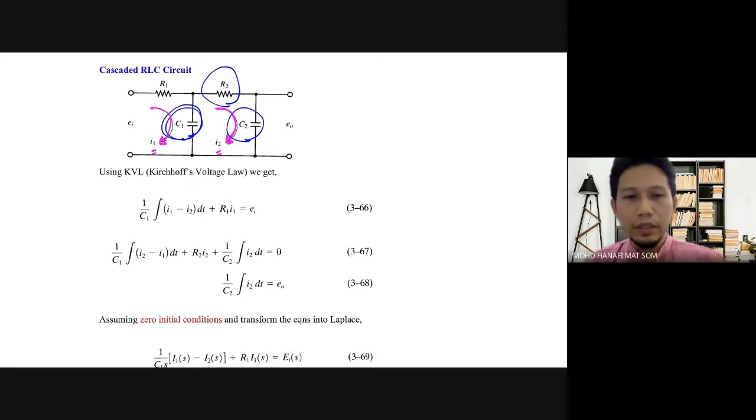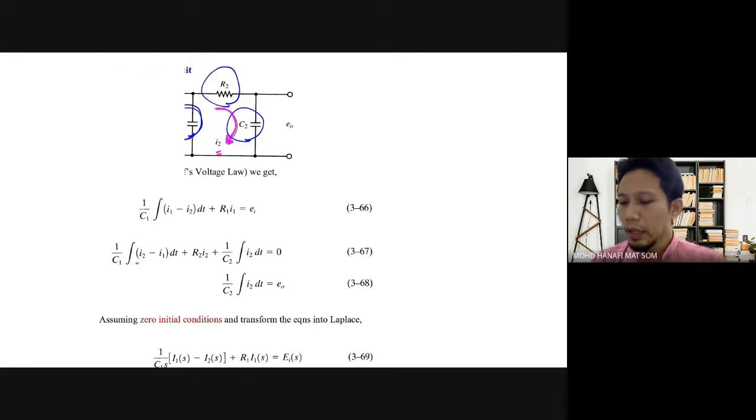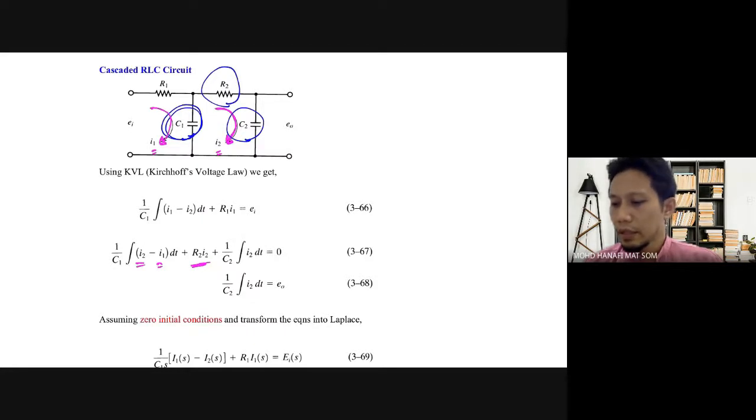Since we consider the second loop now, we put I2 at the front. We have 1 over C1 integration of (I2 minus I1) dt plus R2 I2, because it exists on its own here, not shared with any other loop, plus 1 over C2 integration of I2 dt equals 0.